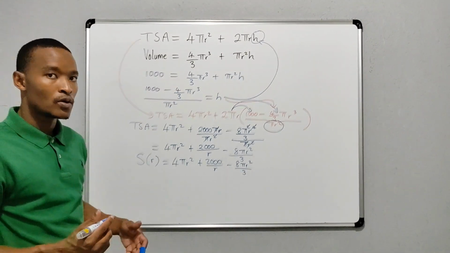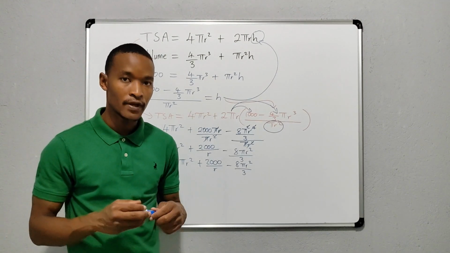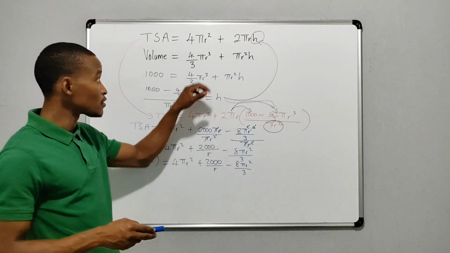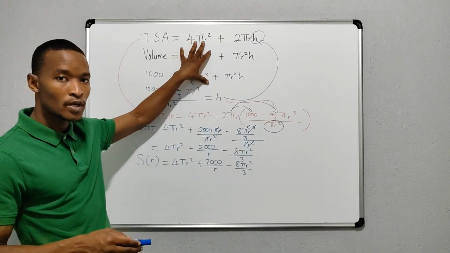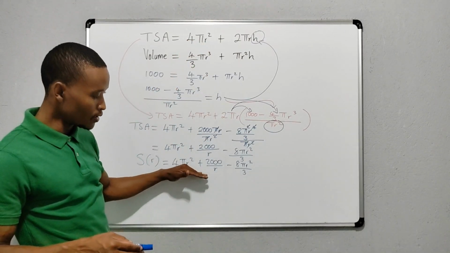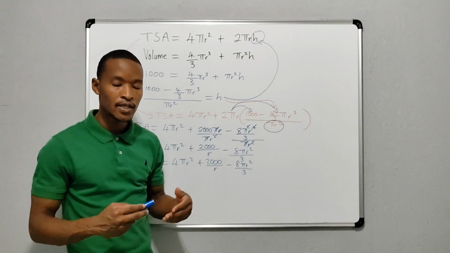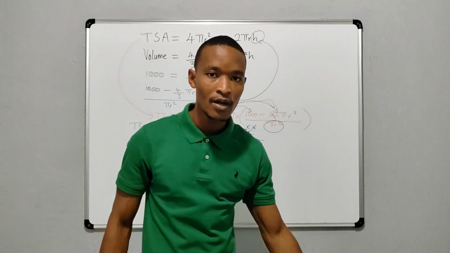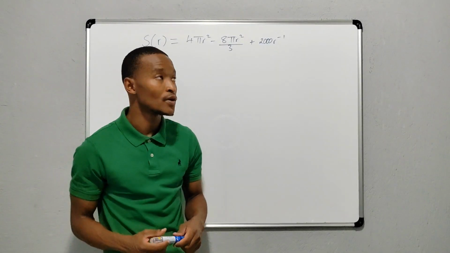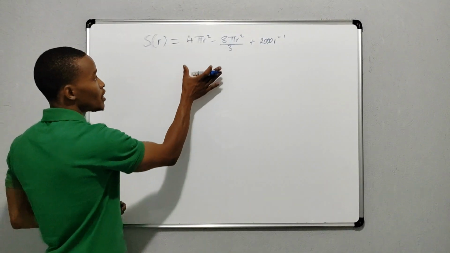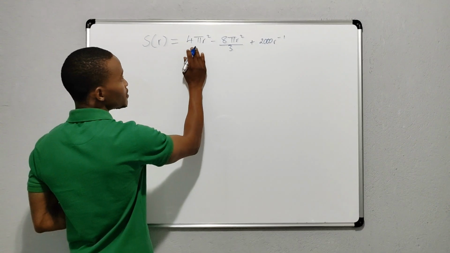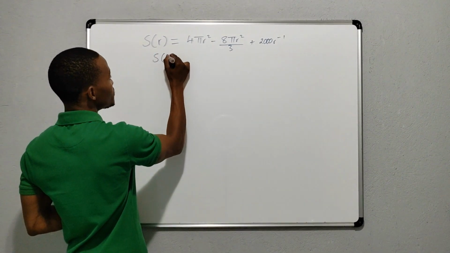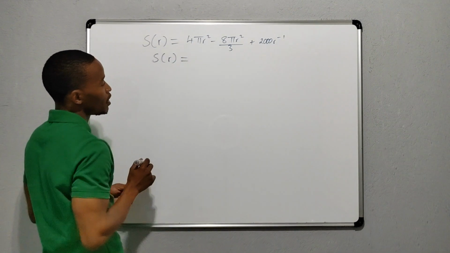Now we're going to get into differentiation, because now we've developed what? The function from the context and the equations that were given, and we are at this step now. Let us look at the next part, which is differentiation and finding the value of r. We have this equation now, and we recognize that these two are like terms, and we can simplify to have S with respect to r.